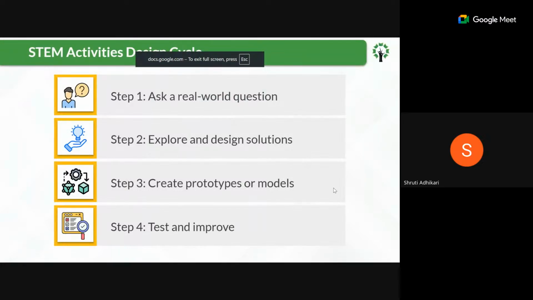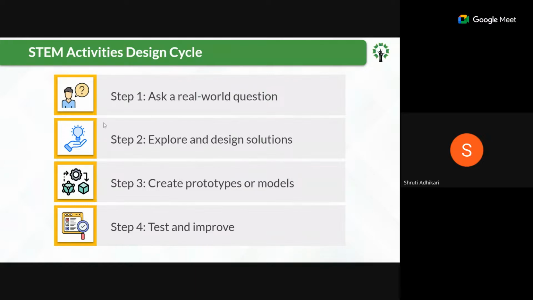Perfect. So first of all, they have to ask a question, right? Like, what is the problem my product will solve? What actually will my product do? There are a lot of questions which have to be answered. Then the student can explore and design the solution, that is, they can do the designing part, the planning part.